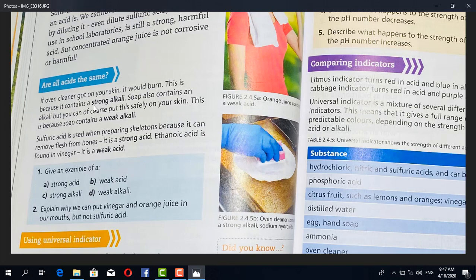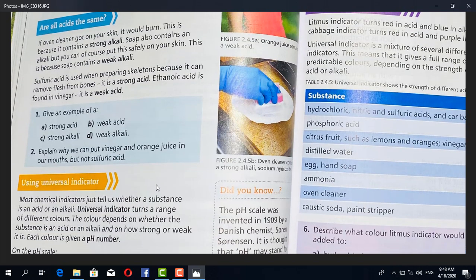This is because it's a strong alkali. Soap also contains an alkali, but of course you can put it safely on your skin, because soap contains a weak alkali. Sulfuric acid is used when preparing skeletons because it can remove the flesh from bones. It's a strong acid. Ethanoic acid is found in vinegar, so it's a weak acid.